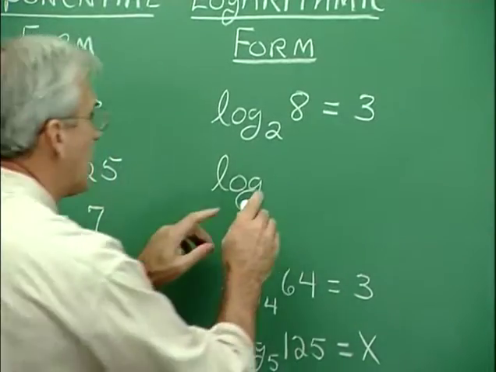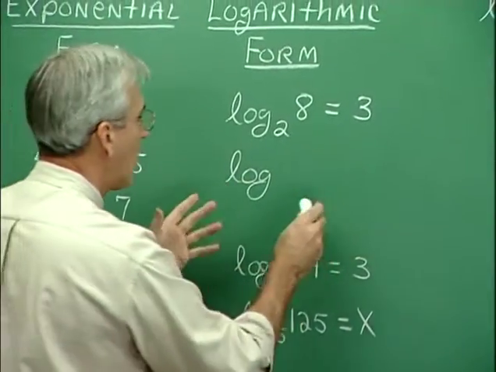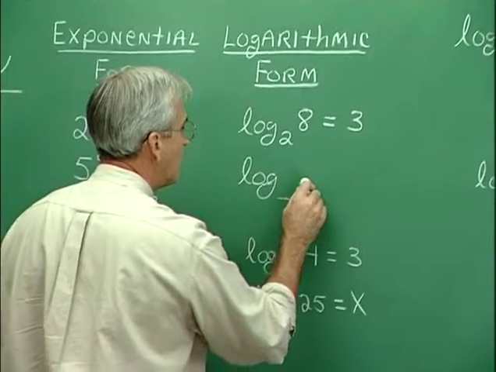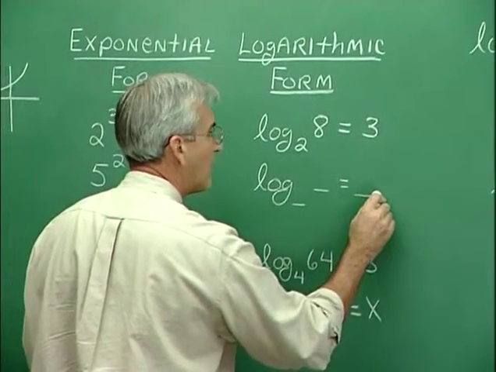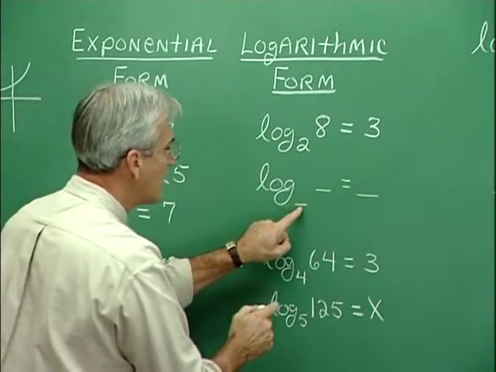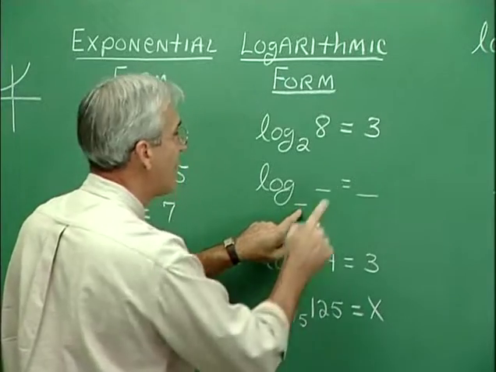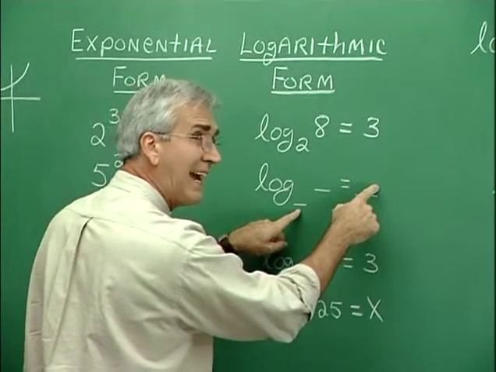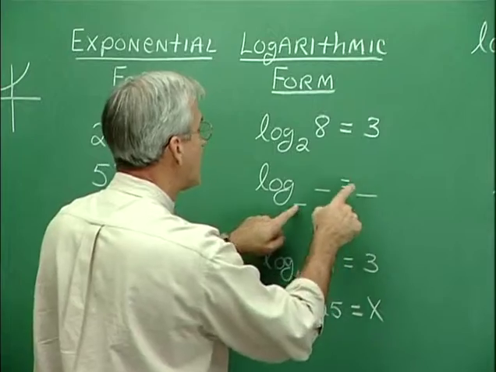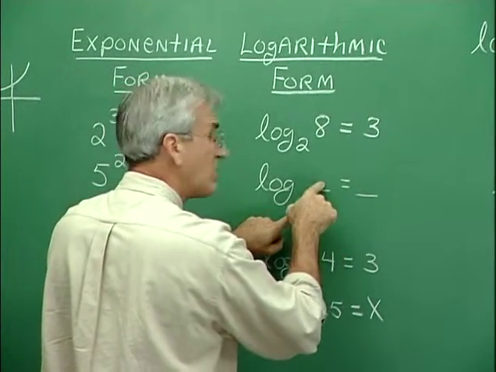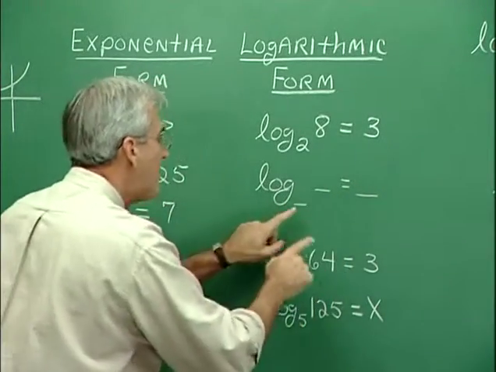The notion is that in this logarithmic form there are positions for 3 numbers. A number here, and a number over here. And this position contains a base, and that position contains an exponent. And this is the base exponent result right here. All right, so base exponent.